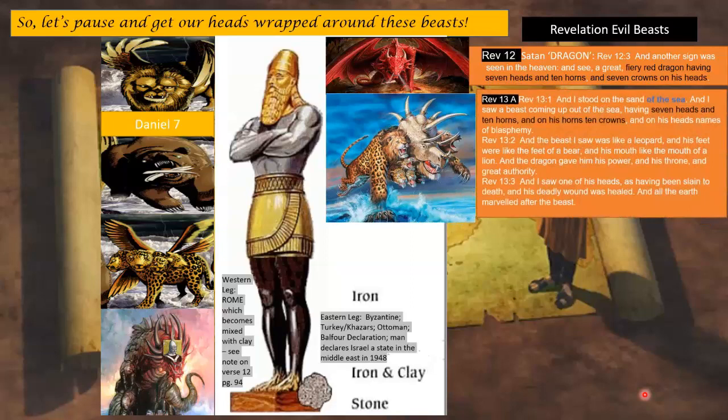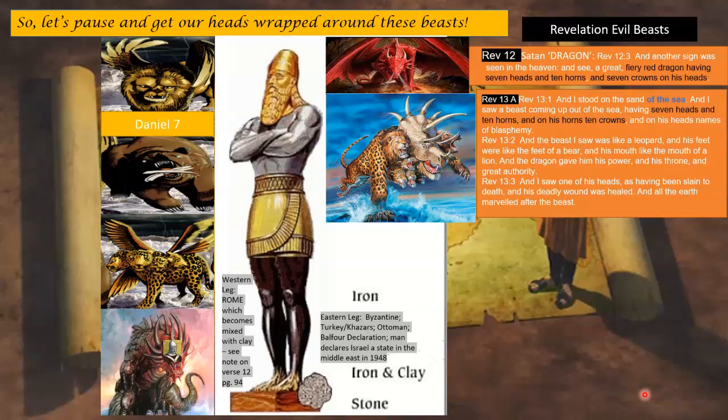Then in Revelation 13, part A, we see the following. And I stood on the sand of the sea, and I saw a beast coming up out of the sea, having 7 heads and 10 horns, and on his horns 10 crowns, and on his heads names of blasphemy.